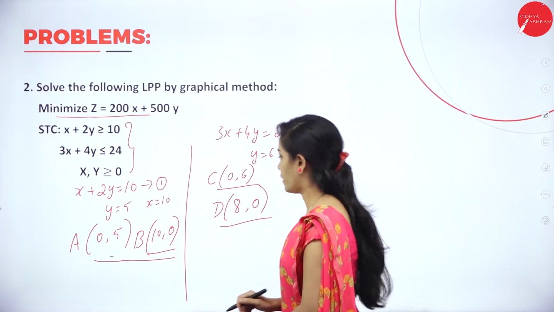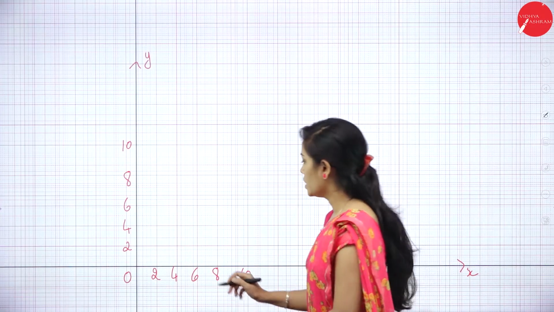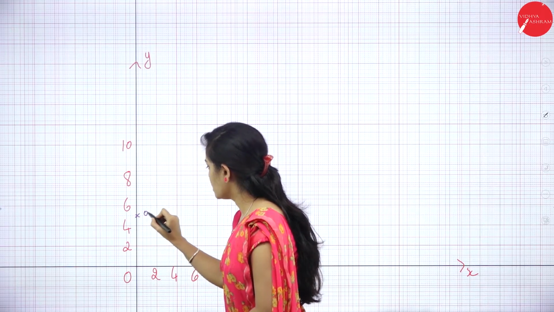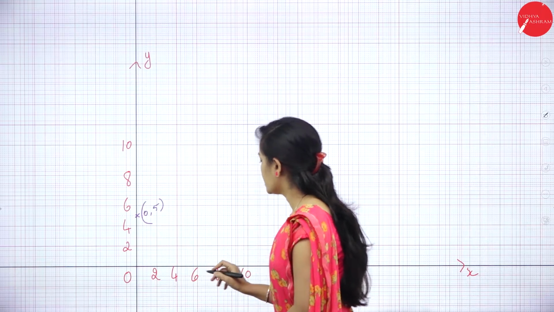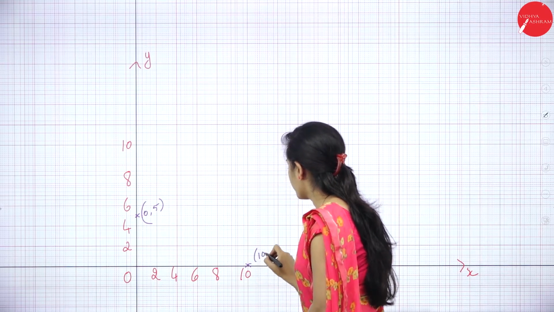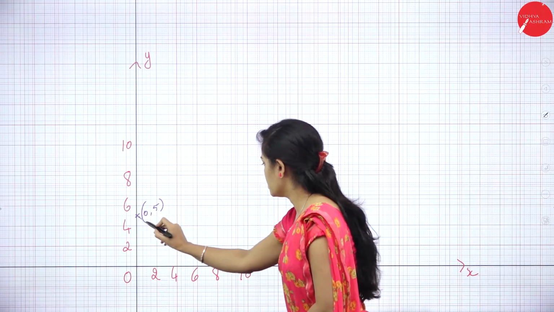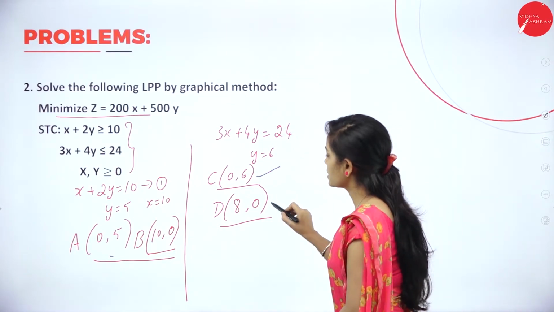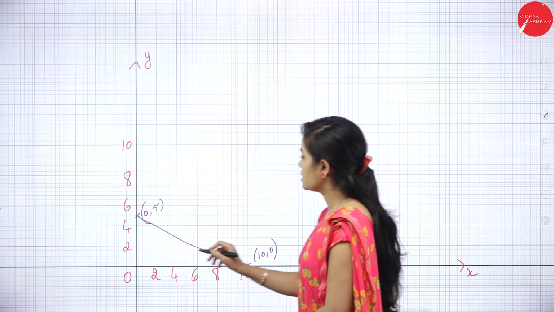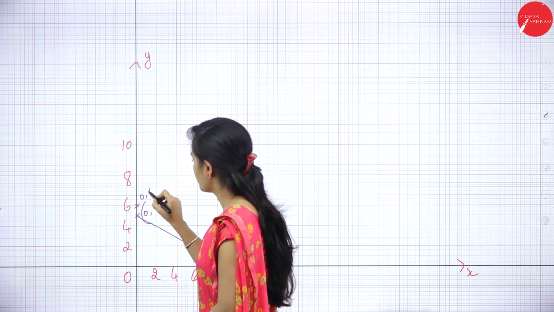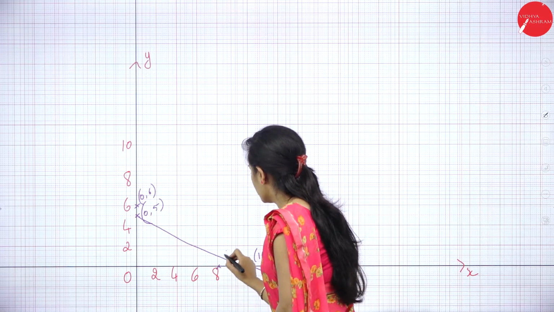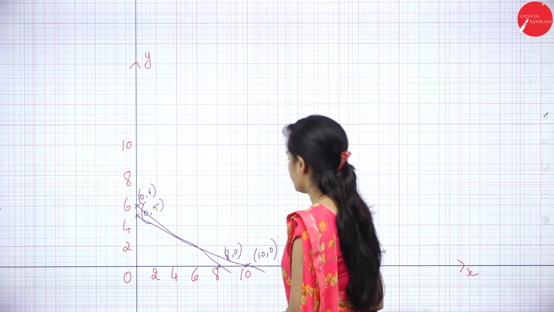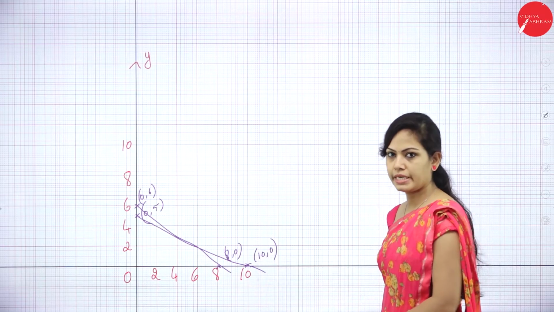A is (0, 5) and (10, 0). Just join these points. And next is (0, 6) and (8, 0); join these two points. We have joined the two constraint lines.